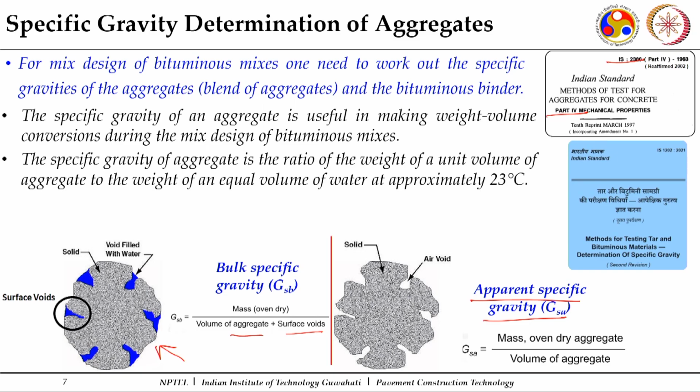Similarly, you need to work out the specific gravity for your bitumen. The one considering the surface voids filled with water as a part of the aggregate is known as the bulk specific gravity, GSB, and this is the one used during mix design exercises. The apparent specific gravity is just for comparison, to show the difference.